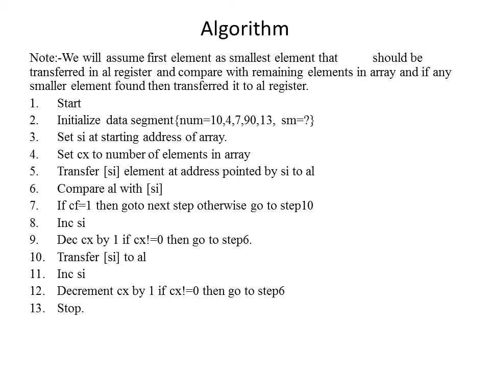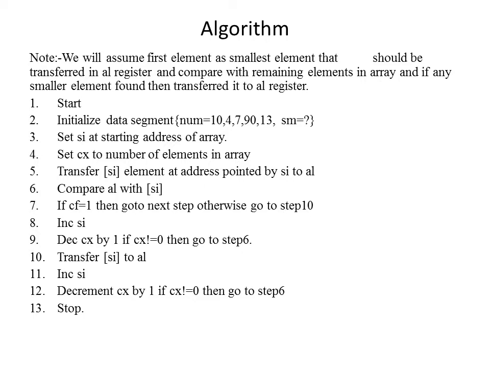So for that purpose we have to use the loop instruction, because we are repeating the same set of instructions more than one time. We have to use the CMP instruction for comparison purposes, and we have to use the memory pointer SI to point to the next element in the array, to access the next element in the array.